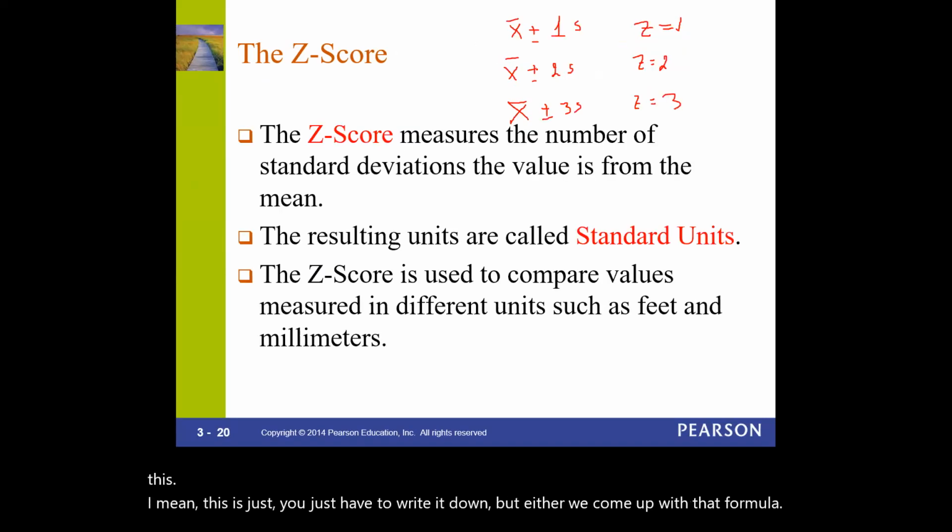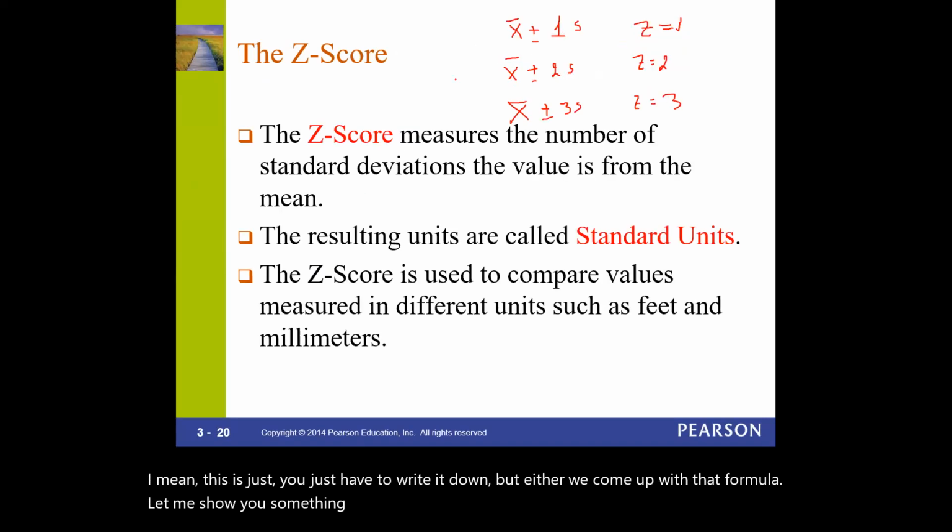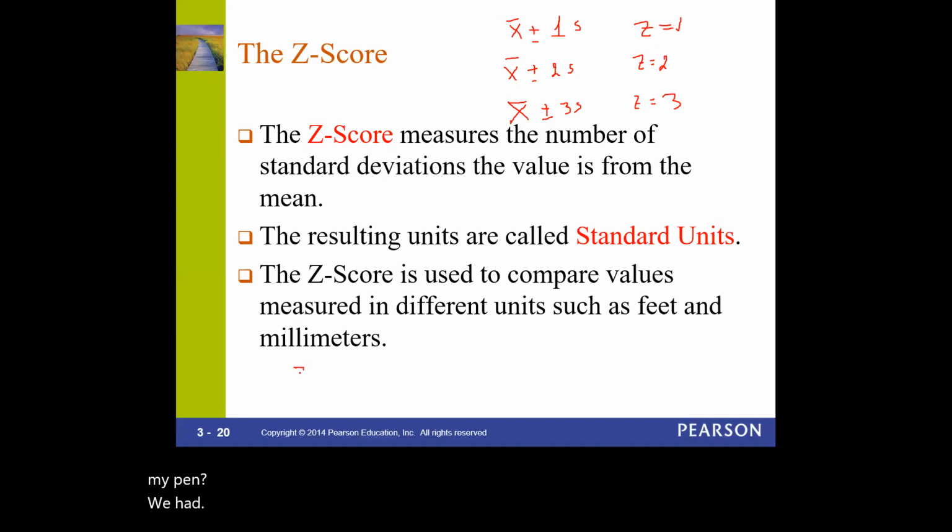Whenever you had the formula earlier, it looked like this: x bar plus or minus zs. Suppose you say this is equal to x.